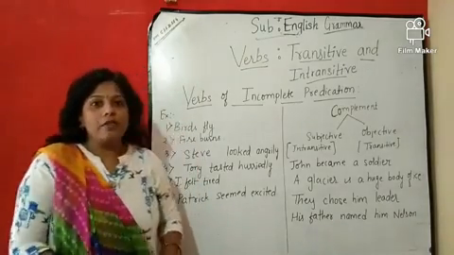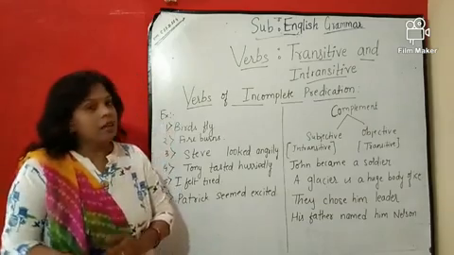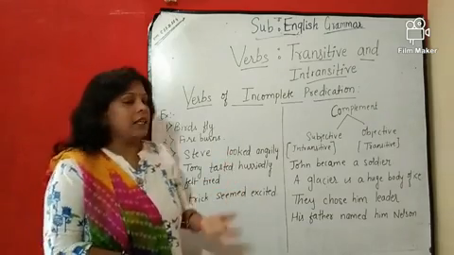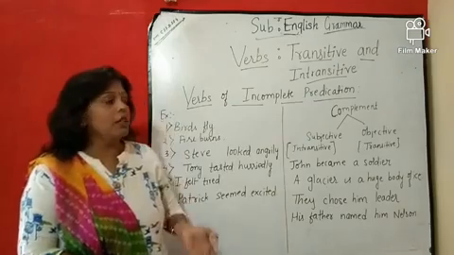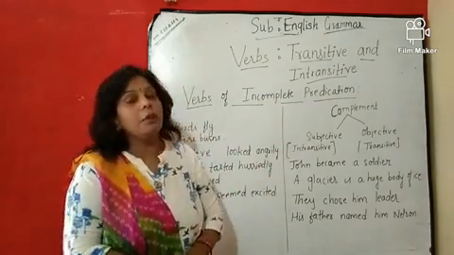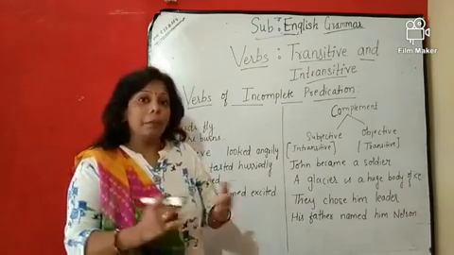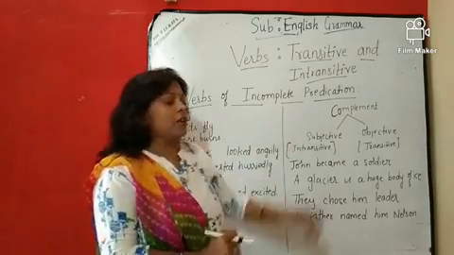So we have seen what are transitive verbs and what are intransitive verbs, right? The verbs that require an object to complete the action are called transitive verbs, and the verbs that do not require any object to complete the action are called intransitive verbs.